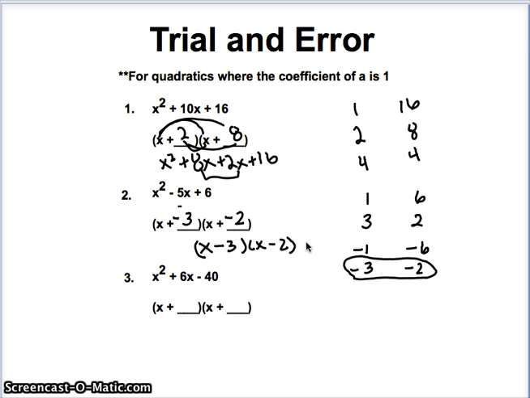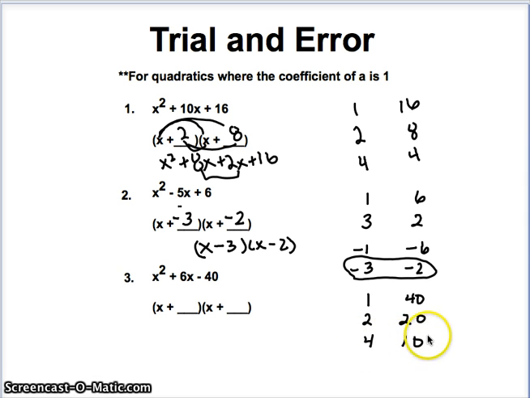Lastly, I'll look at an example when the constant at the end has a negative sign. This time I'm looking for two numbers that multiply to be negative 40 and add up to be 6. So essentially I'm looking for two factors of 40 that have a difference of 6. Let's take a look at the factors of 40. I've got 1 and 40, 2 and 20, 4 and 10.